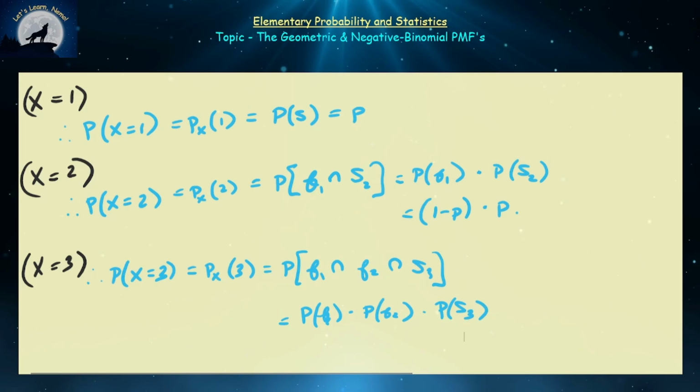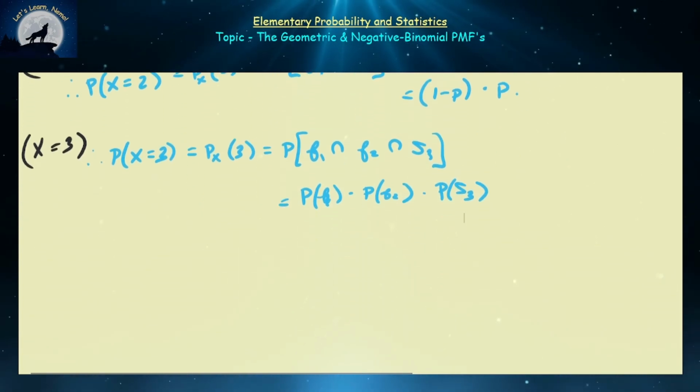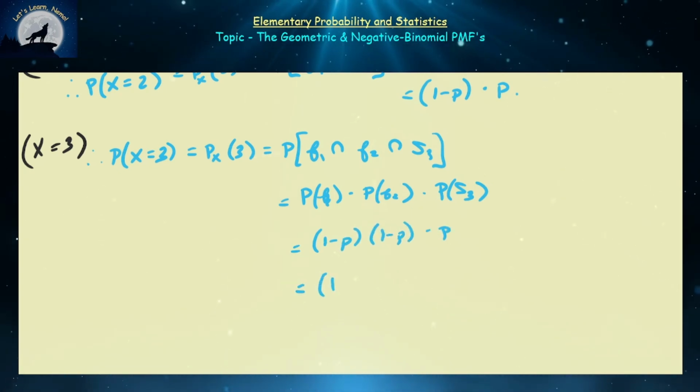And they're all independent, which means the probabilities of failures and successes are the same regardless of the trial. So this is going to be equal to (1 - p) times (1 - p) times p, or in simple form, (1 - p)^2 times p^1. So that's going to be what p_X(3) is equal to.